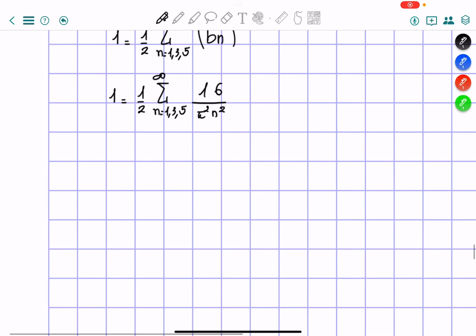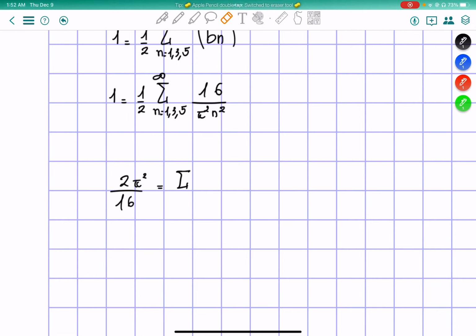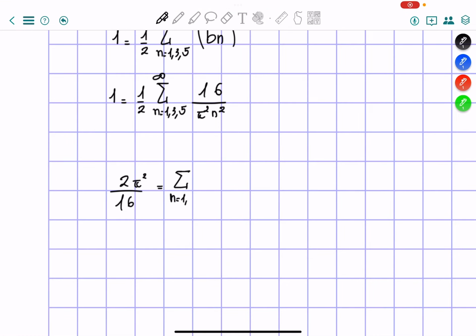Well, 16 over pi squared over n squared, and these are all constants, so I can multiply both sides by 2, divide both sides by 16, multiply both sides by pi squared over 2, and that is equal to the sum, n equals 1, 3, 5 to infinity of 1 over n squared.